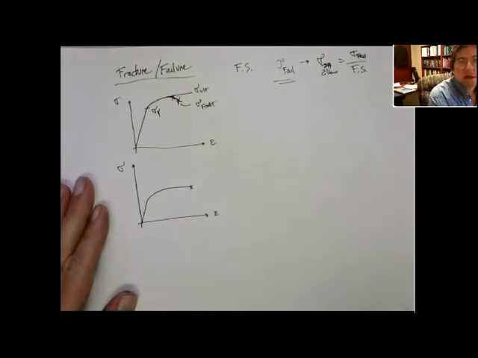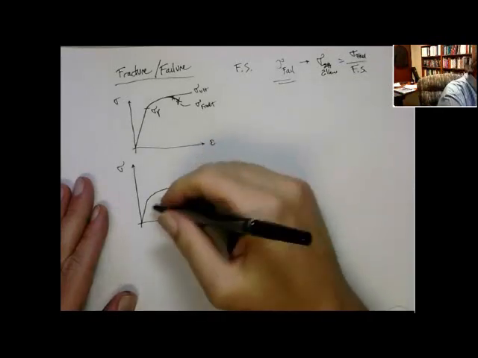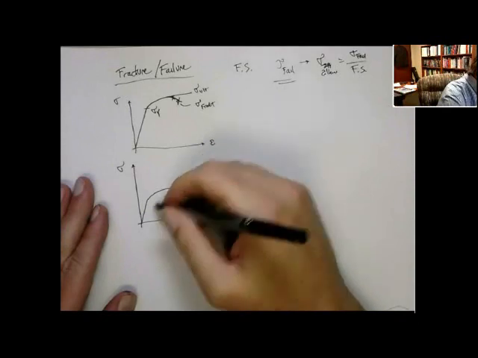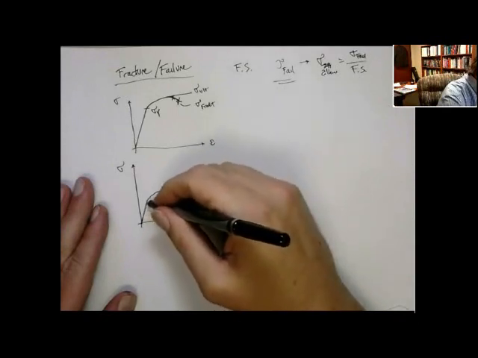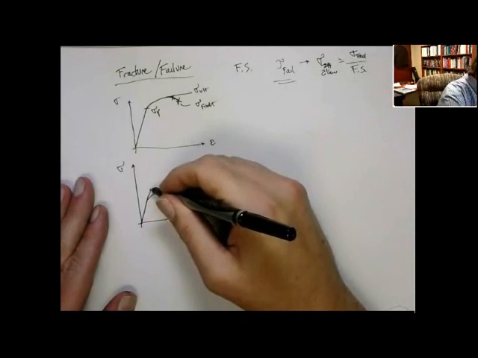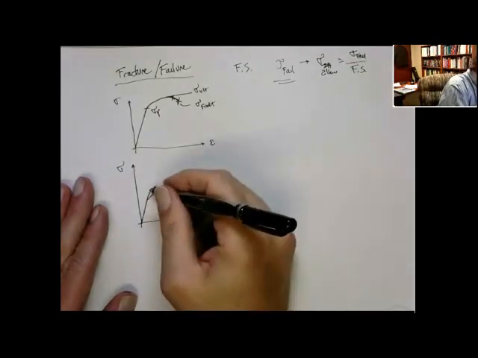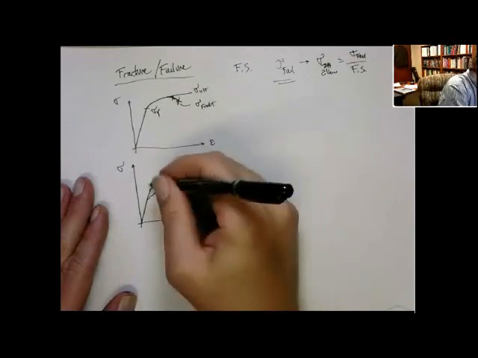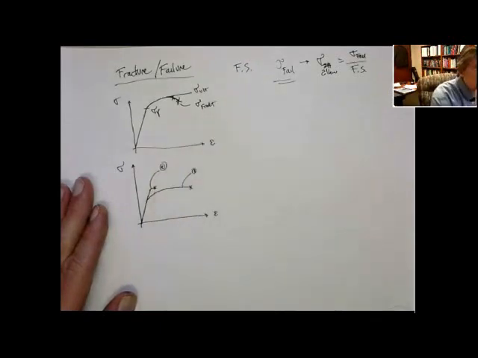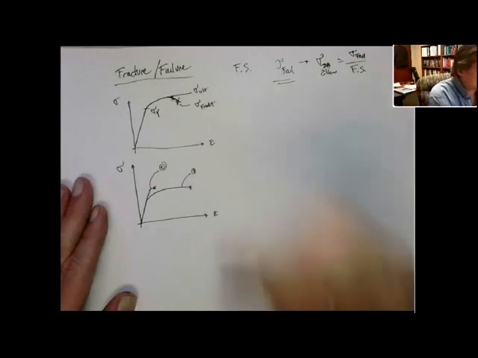Let's imagine that's a steel, and then you take the steel and you anneal it, which increases the stress where it yields. So here is material 1, and this is material 2. Think of it as two different steels. Two steels, one's been worked, and one hasn't.